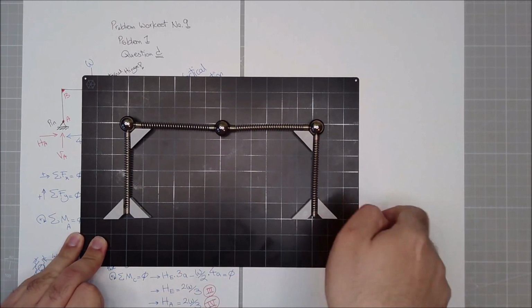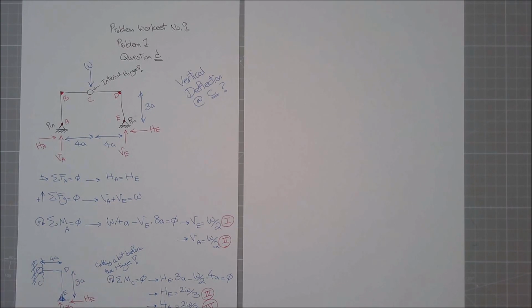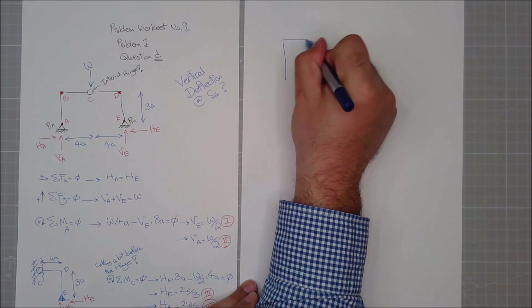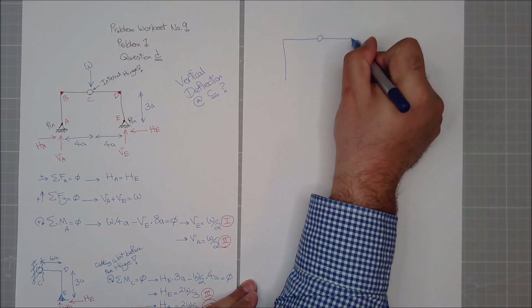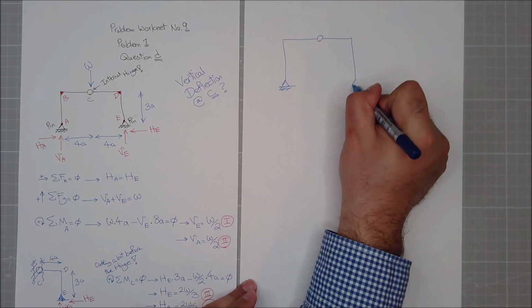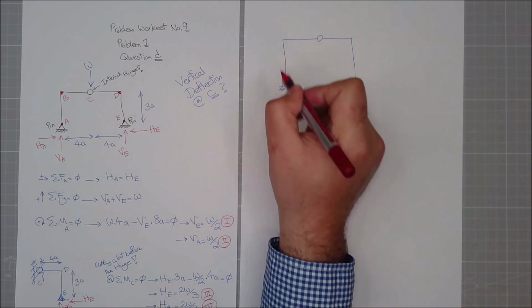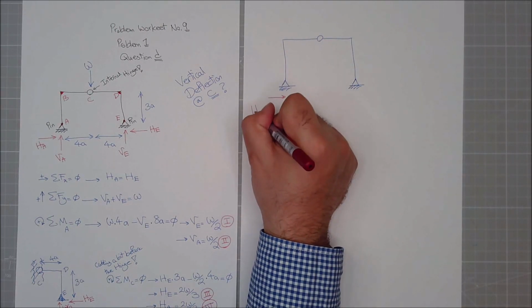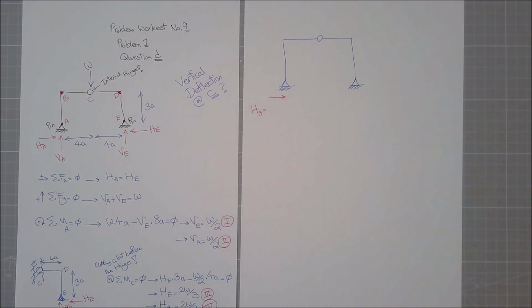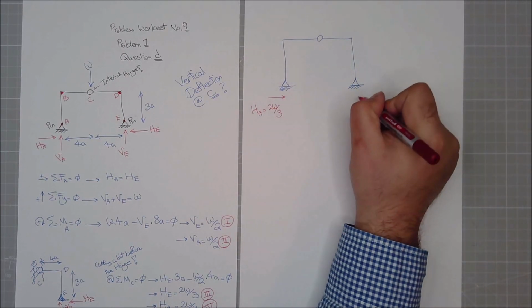Let's draw it. So I'll draw a frame. I do my pin. The only thing which will cause a moment over there is HA, which I have already calculated. HA is 2W divided by 3. The same thing happens here as well.